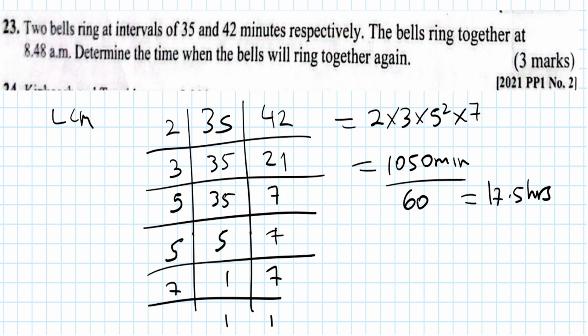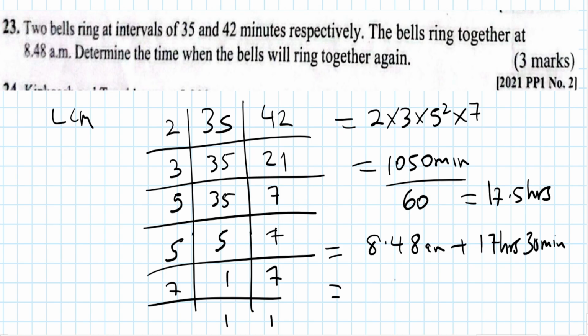It's too much, but still, what should we do? After getting that, obviously plus 17.5 hours. So what do you normally do? You take 8:48 a.m. plus 17 hours and 30 minutes. A half an hour is 30 minutes.